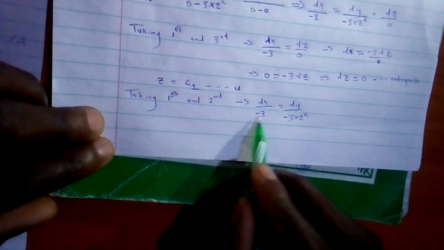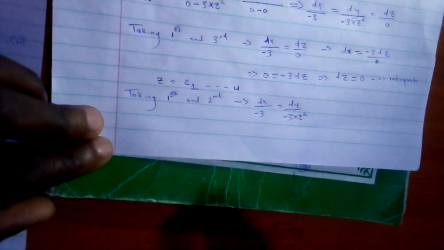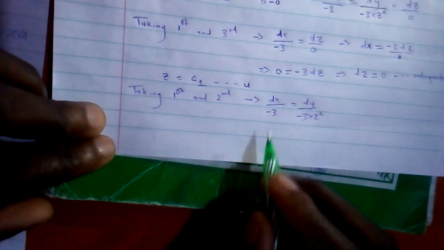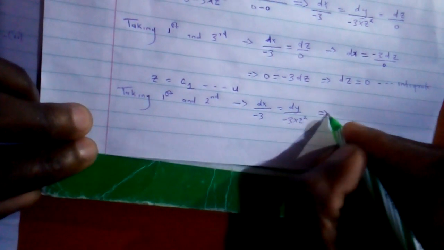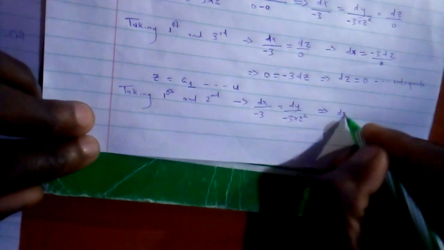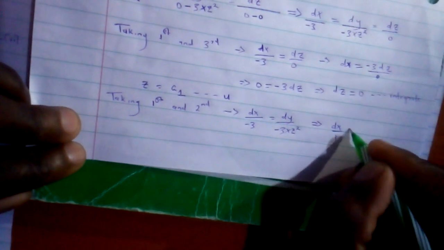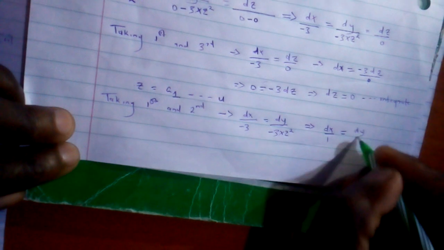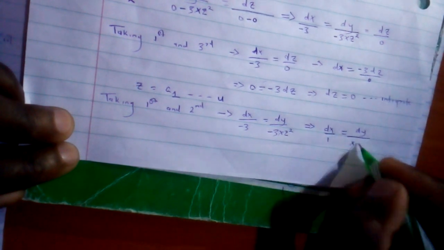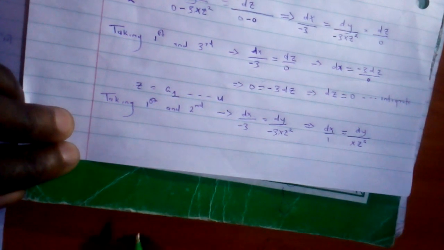We do away with the common one, that is negative 3. They will cancel for you to remain with dx all over 1 is equal to dy all over xz squared.